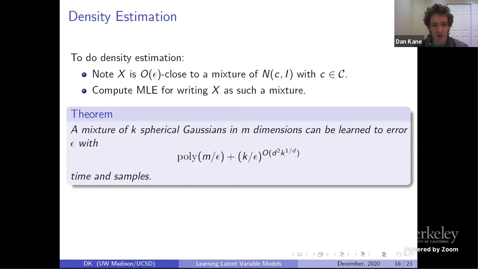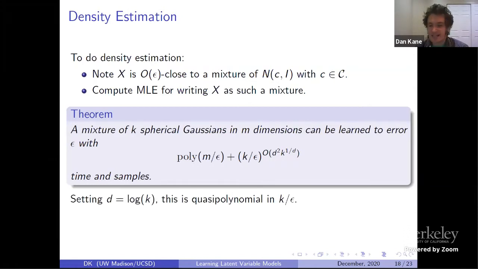And so the theorem is that if you have a mixture of k spherical Gaussians in m dimensions, you can learn it to error epsilon. Well, you need poly of m over epsilon time and samples to reduce to k dimensions. And then you need something like k over epsilon to the O of d squared times k to the 1 over d time and samples to solve the problem after you've done that reduction.